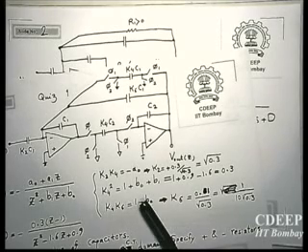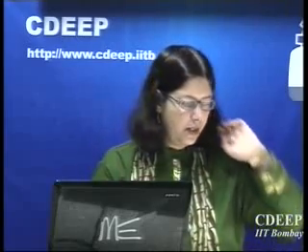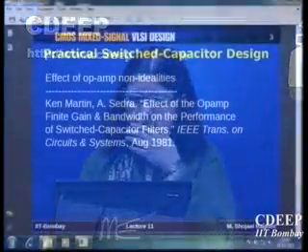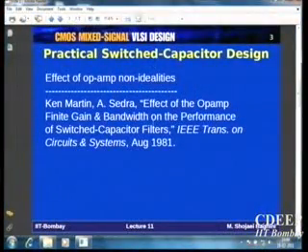Okay, fine. So the main concepts of switched capacitor filters are covered in these few lectures. Few things are left that I will tell you. One is related to the effect of non-idealities in the op-amp.